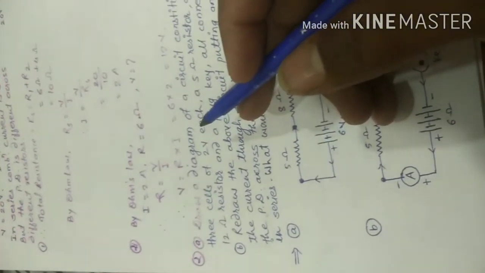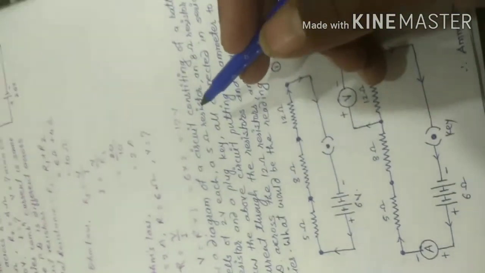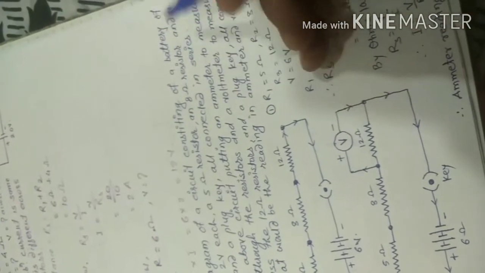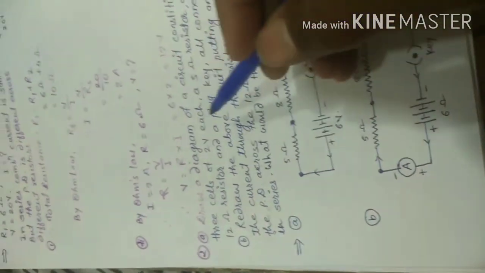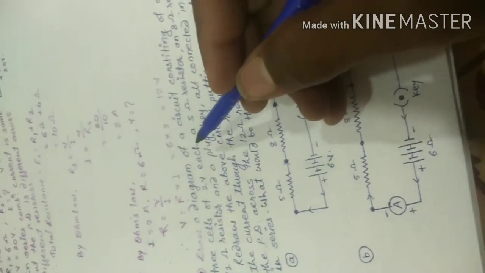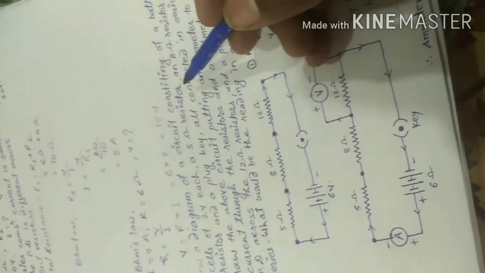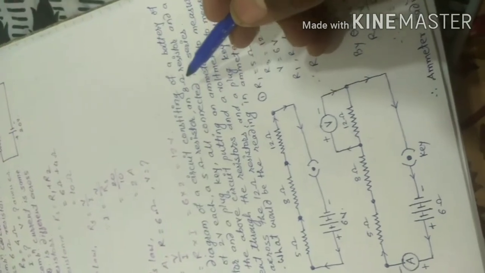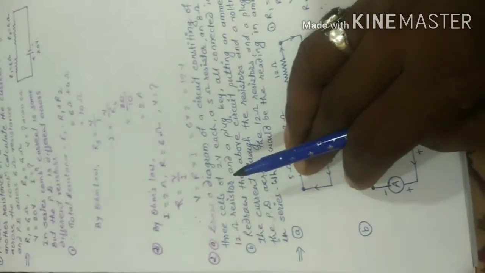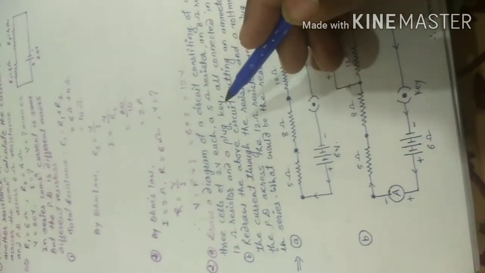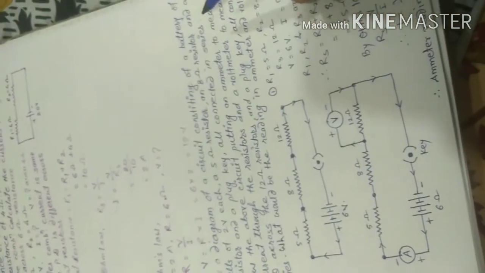Draw a diagram of a circuit consisting of a battery of 3 cells of 2 volt each, a 5 ohm resistor, an 8 ohm resistor and a 12 ohm resistor, and a plug key, all connected in series.